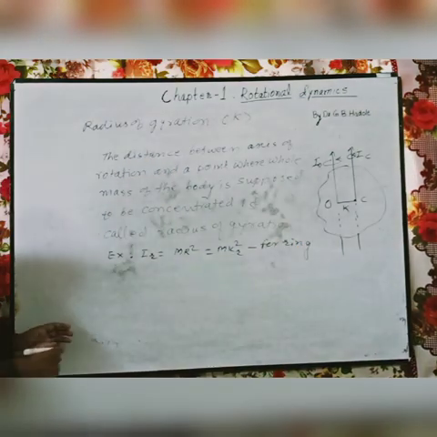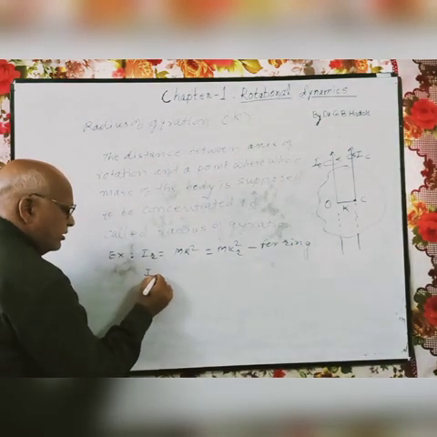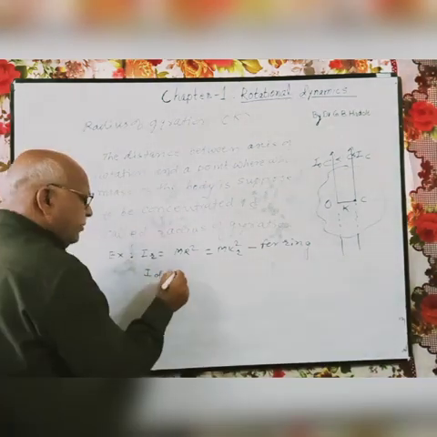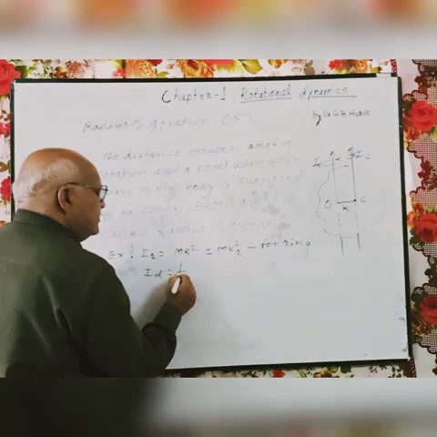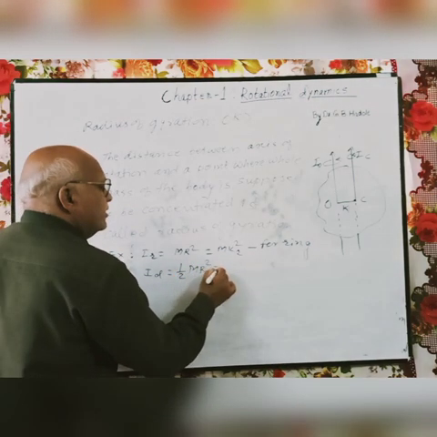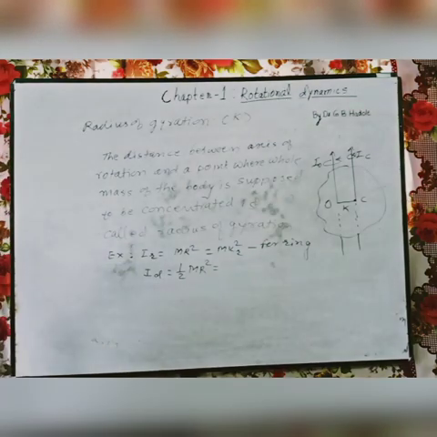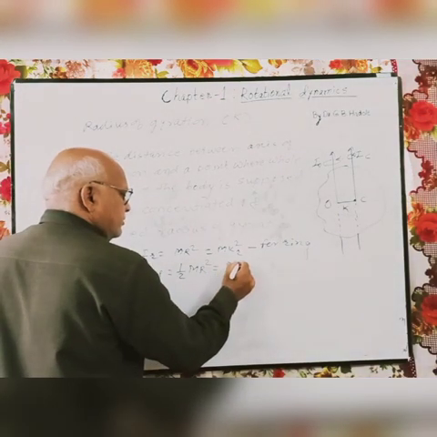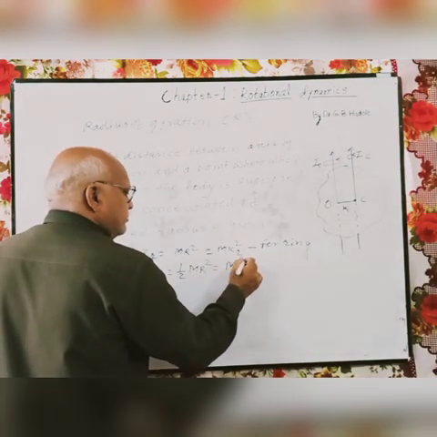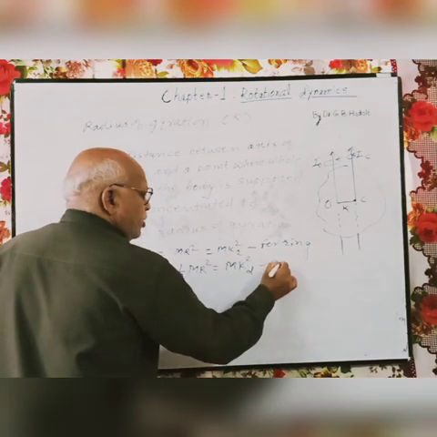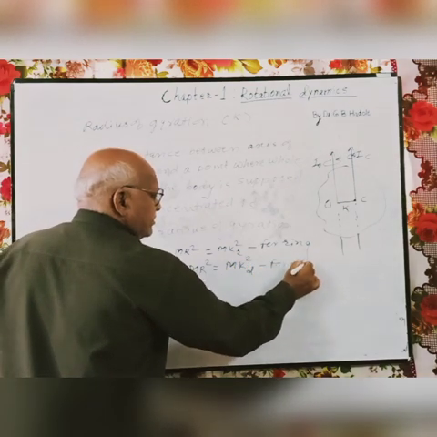For the disc, the moment of inertia of the disc is 1 by 2 mr square, that is equal to m kd square. This is for the disc.